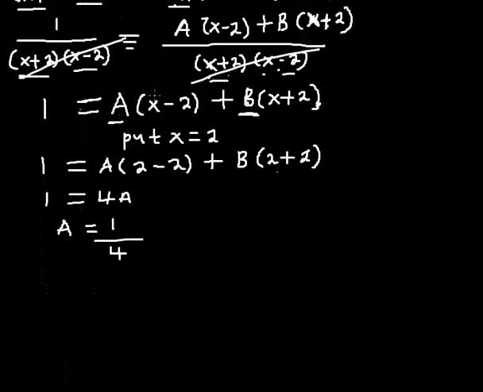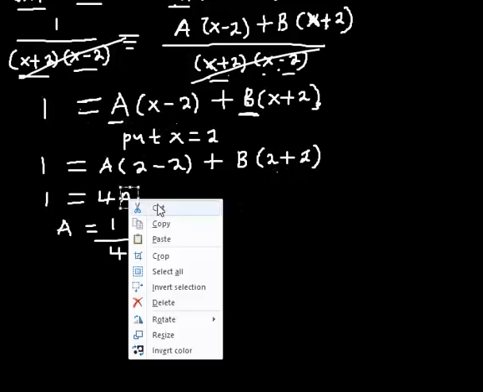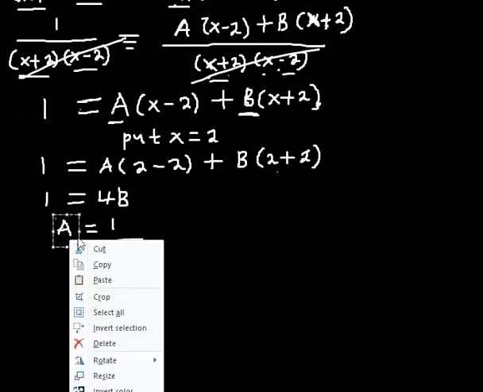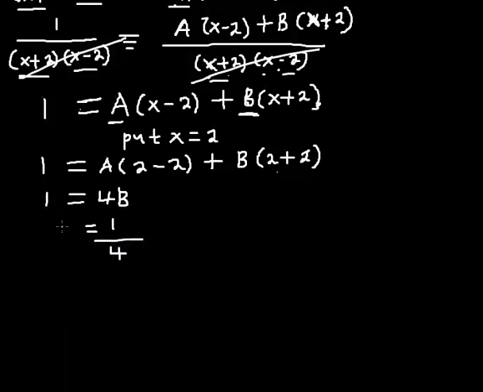Now if I want to get my a, that means I'm going to eliminate the bracket that is attached to b.